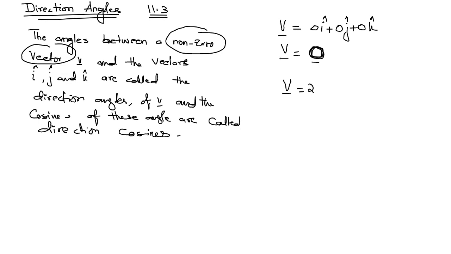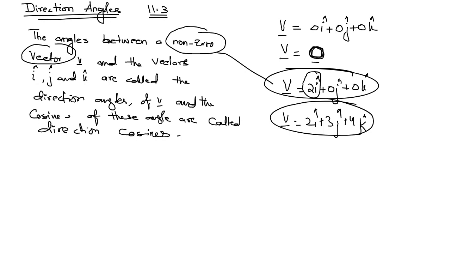For example, 2i plus 0j plus 0k, only one component is non-zero. You can say 2i plus 3j plus 4k, this is also non-zero.